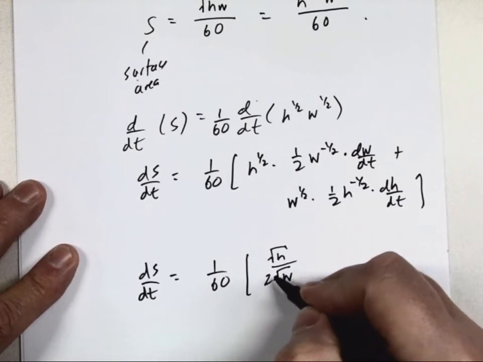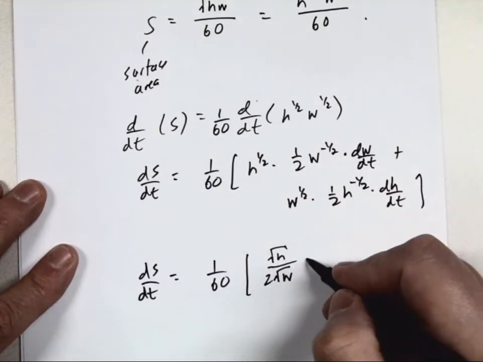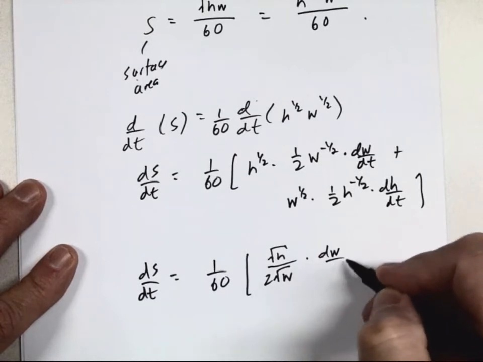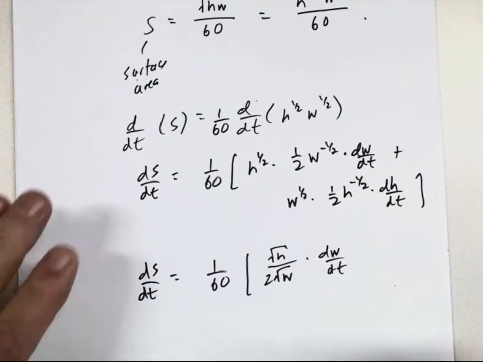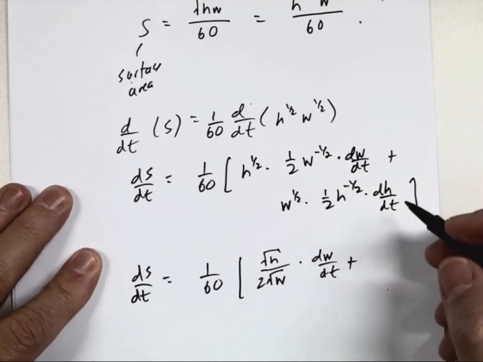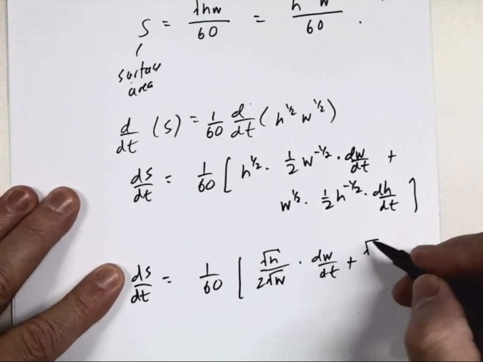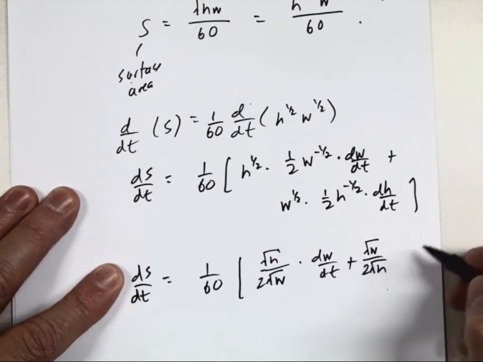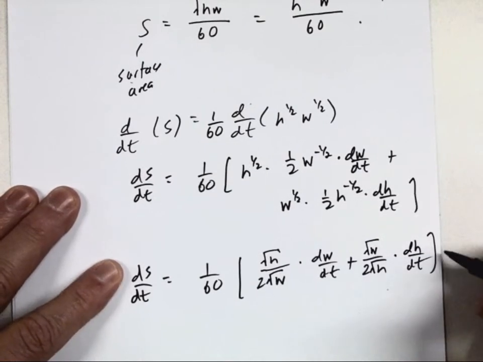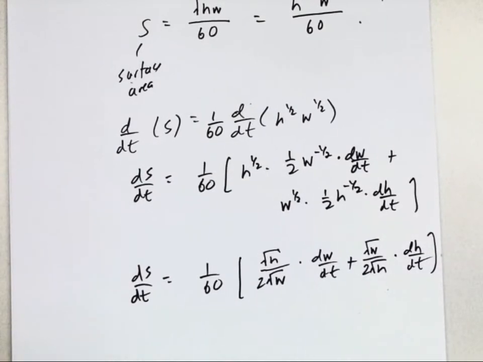I also have a 2 in the bottom here, times dw dt, how the weight changes with respect to time, plus square root of w over 2 square root of h times dh dt. At this point now I go back to my problem statement and see what information they've given me.